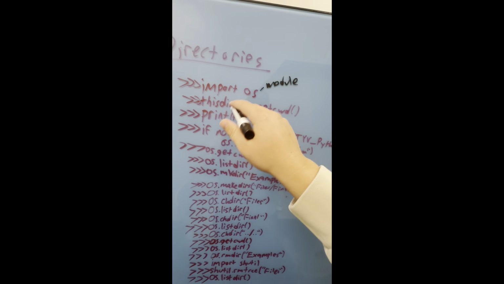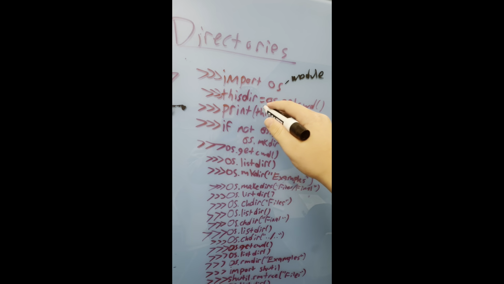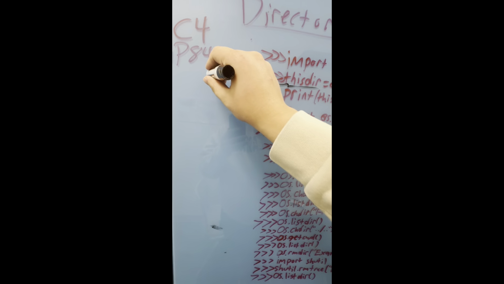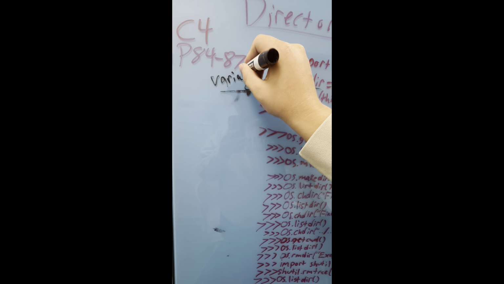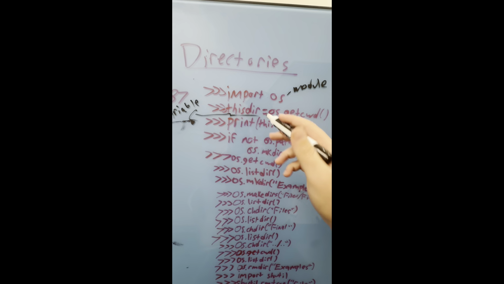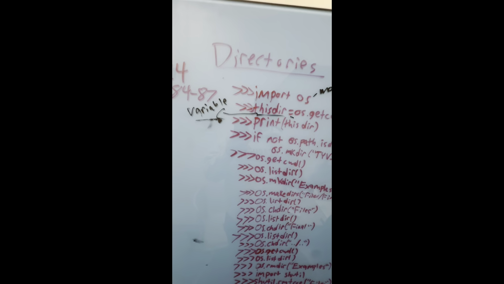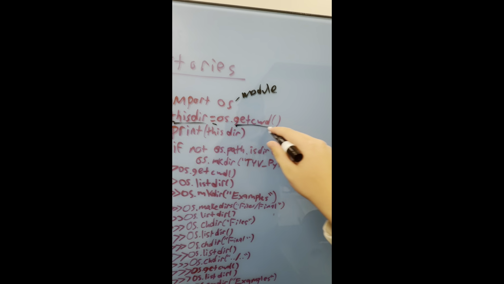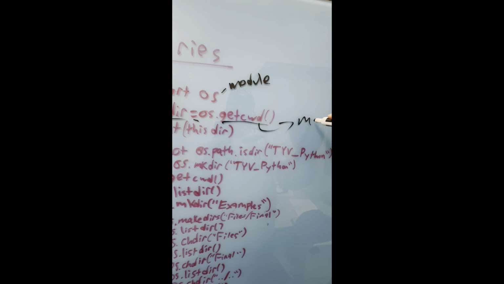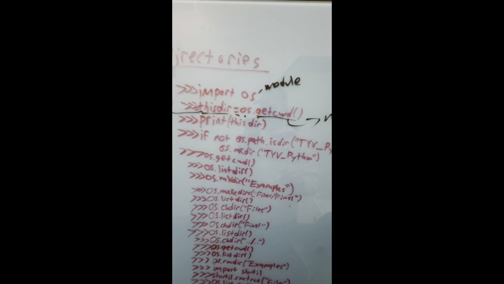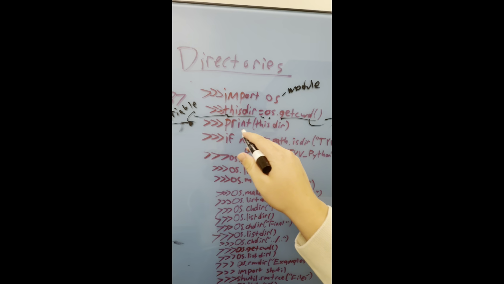Now this dir is from os. This is creating the variable. So actually this isn't from the os, but putting this right there makes that variable, from what I've learned. But this is a method from the os module.